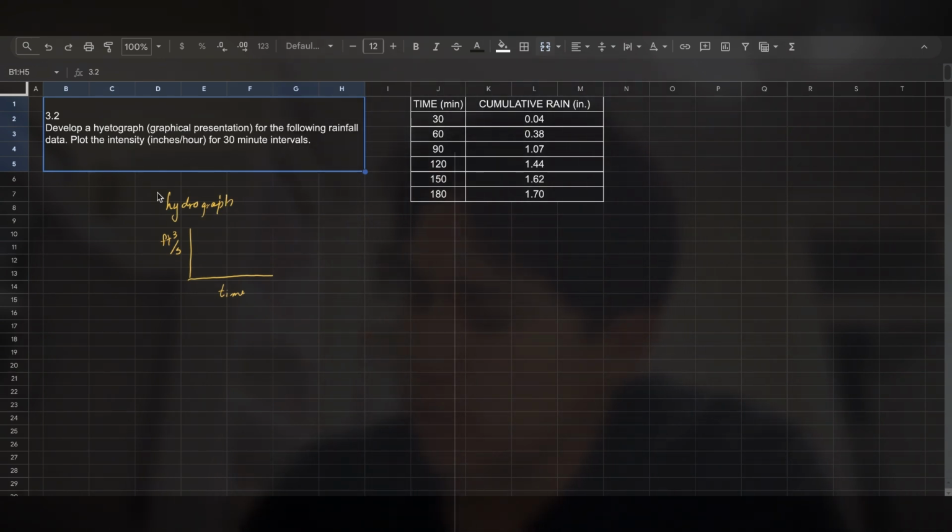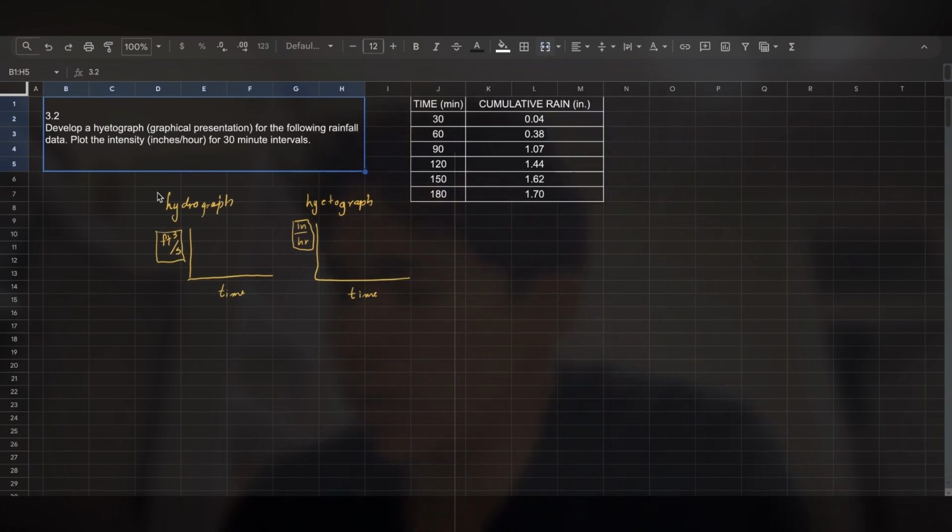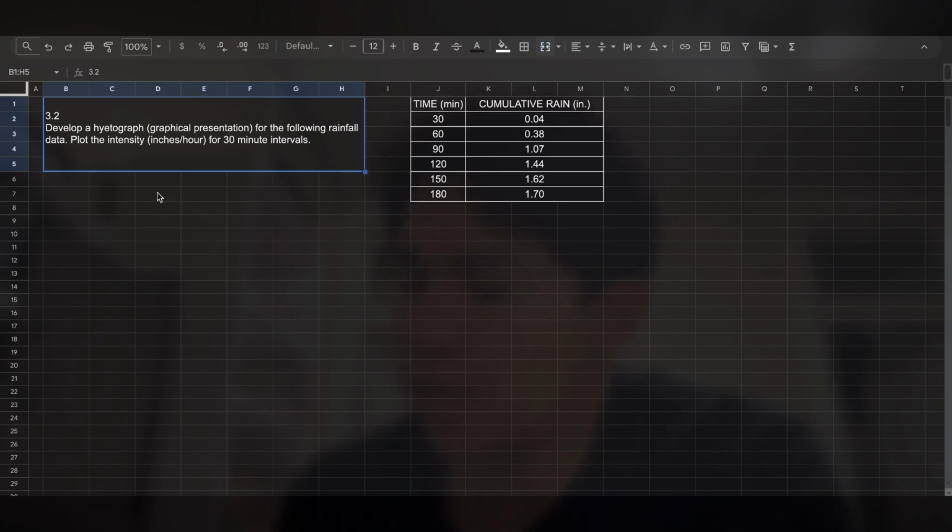And for a hyetograph, you also have your y-axis and x-axis, and you have time, and here is inches per hour. So your y-axis in a hyetograph is intensity, and in a hydrograph is stream flow. So those are the main differences. In this problem, we're asked to do a hyetograph.